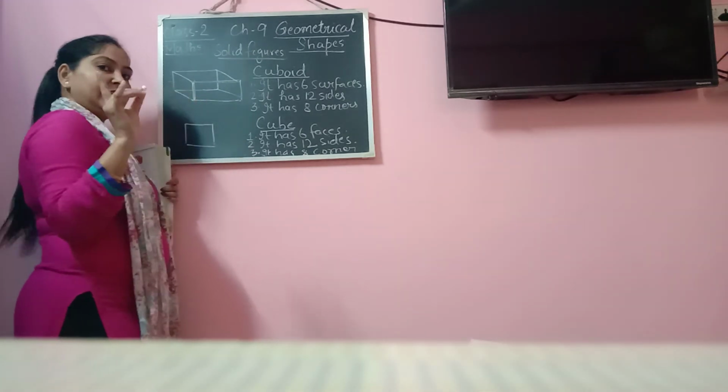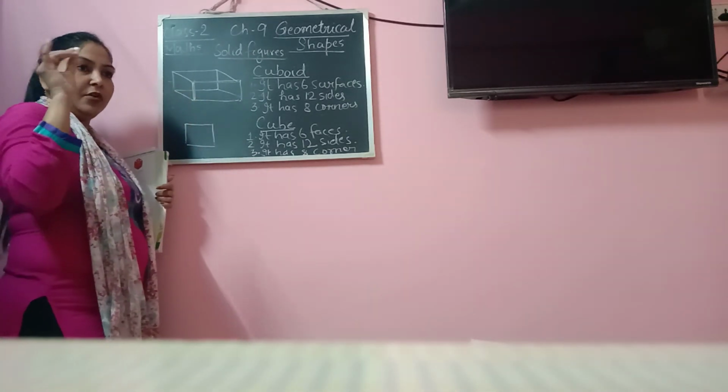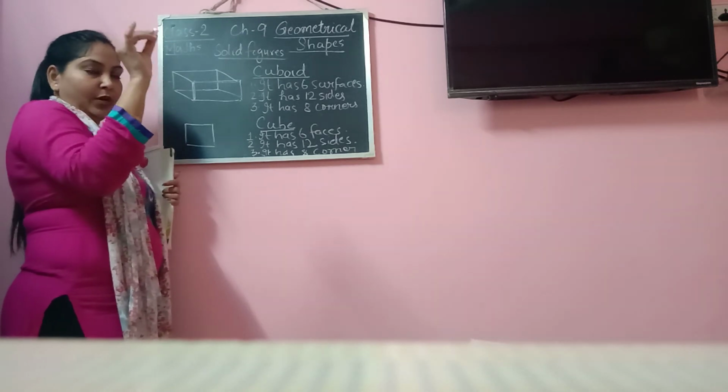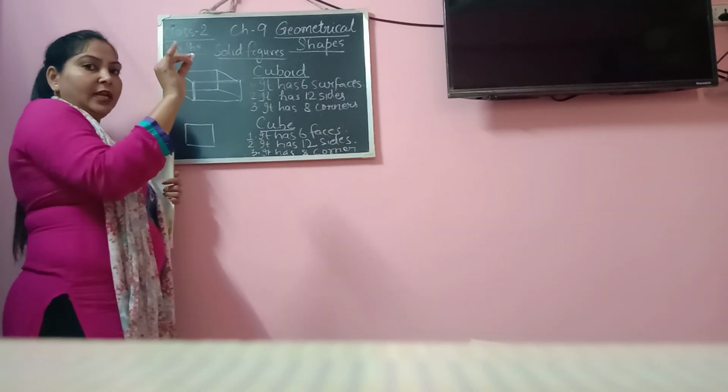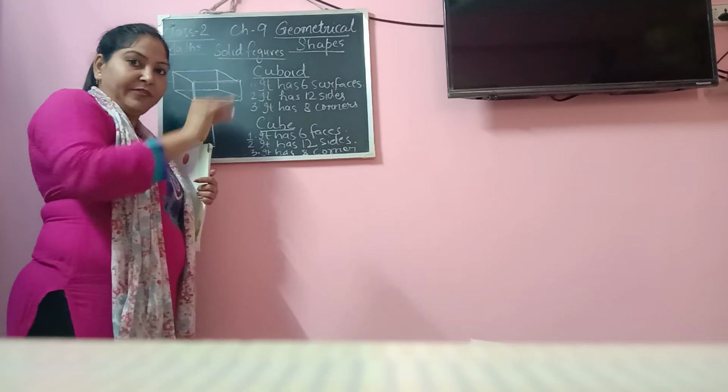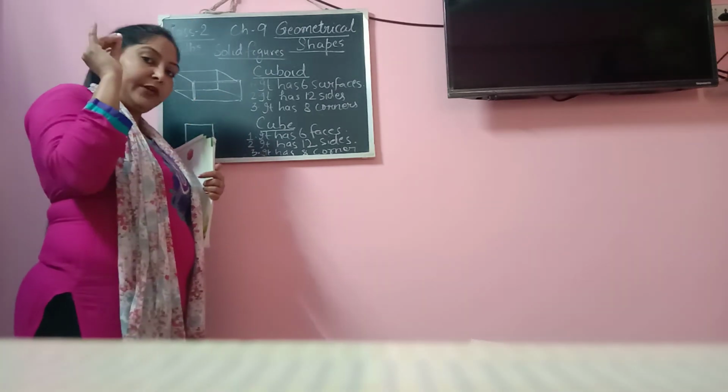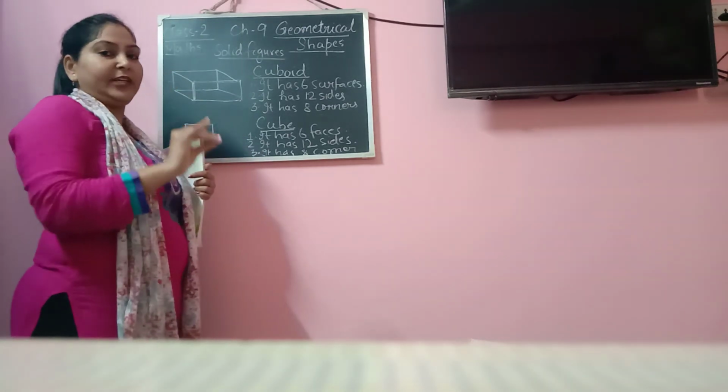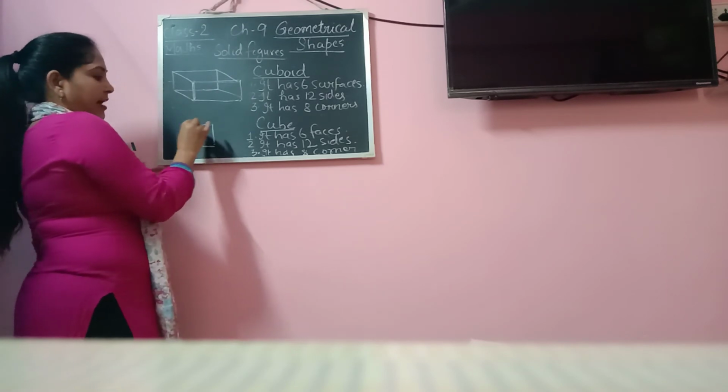Just keep in mind that however many boxes you are taking on the upper side, every side will have the same. If you are taking 2 boxes, then every side you will take 2 boxes. And if you are taking 3 boxes, then each side you will take 3 boxes. Like here I have drawn.